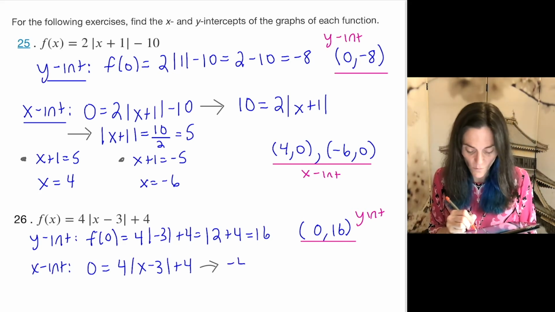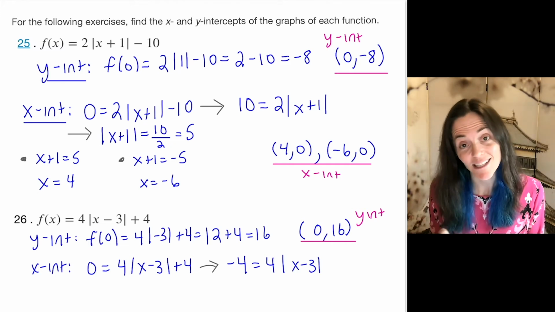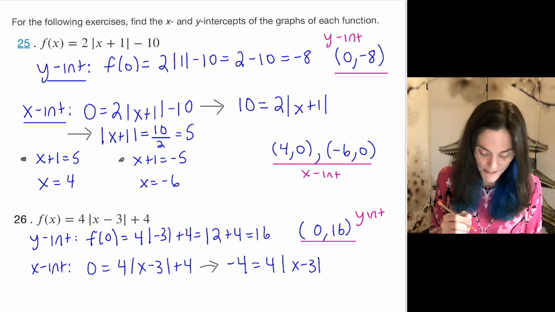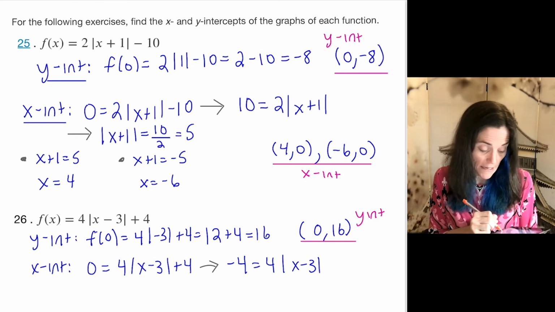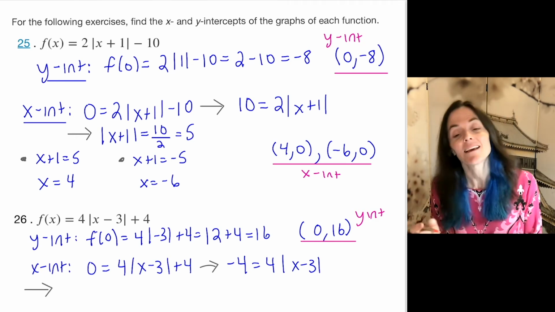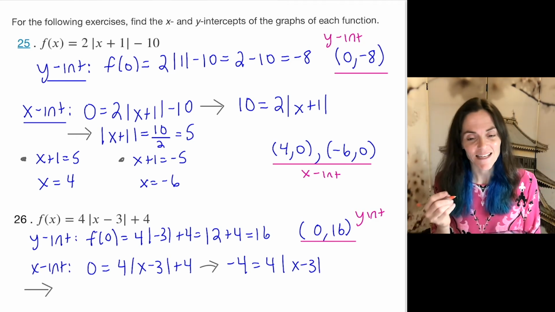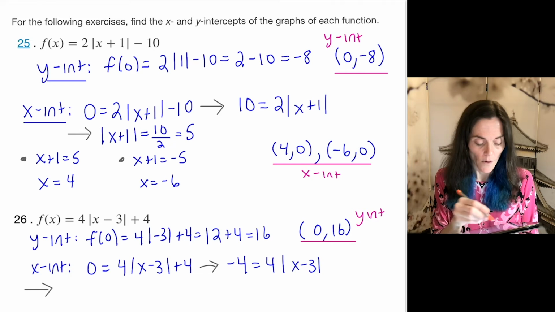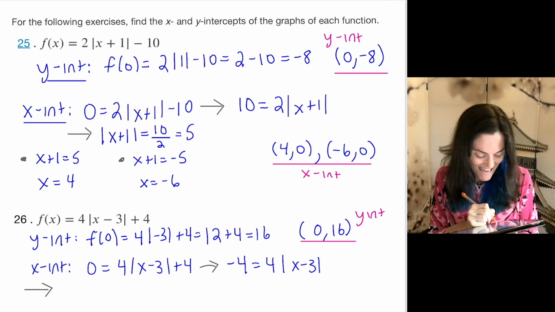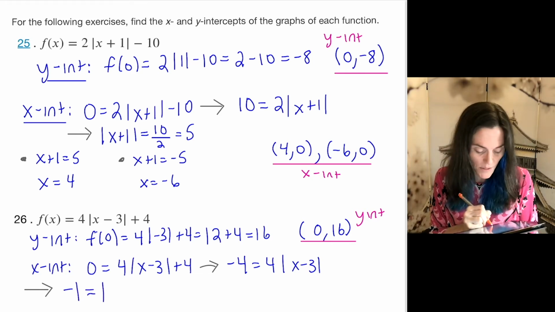We have negative 4 is 4, absolute value of x minus 3. You might already see an issue, but I will take one more step before I make a comment about the issue. Let's divide both sides of the equation by 4. When I do, I get negative 1 equals absolute value of x minus 3.